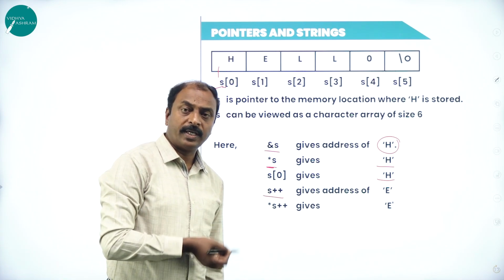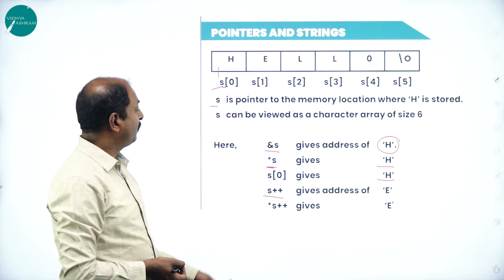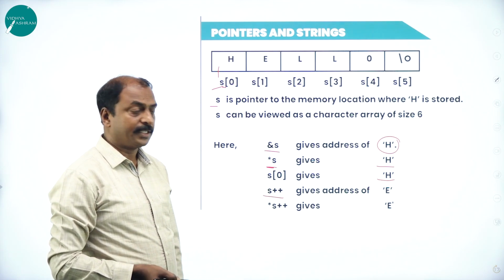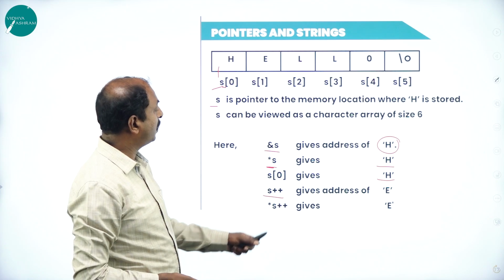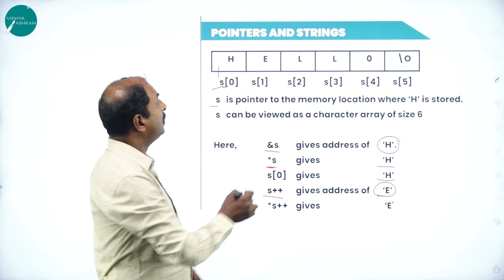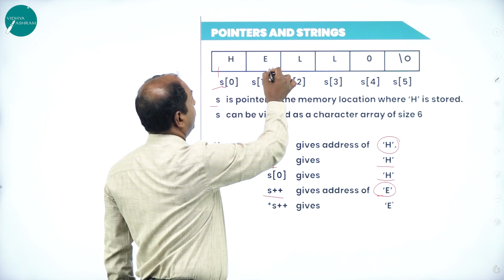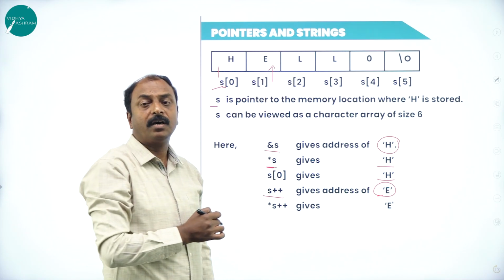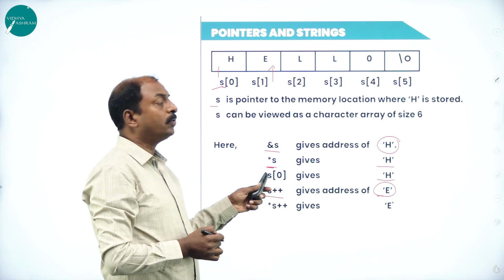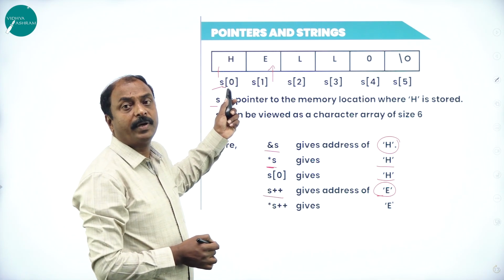So this is what you have learned. It is pointer arithmetic. We can make use of ++, the increment operator, with the pointer. So S++ gives the address of the value E, the space where E is located or stored. It will be incremented by 1.